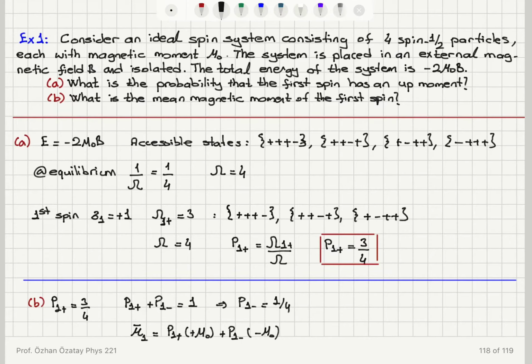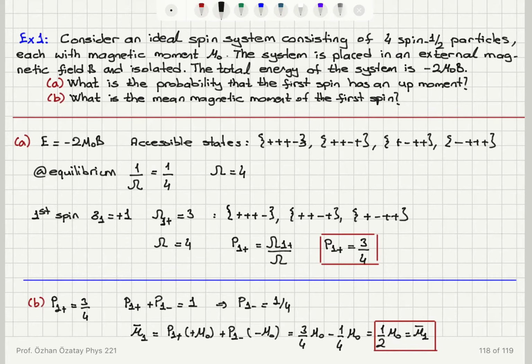That's the recipe. So we have 3 over 4 mu 0 minus 1 over 4 mu 0. So the answer is 1 over 2 mu 0 for the first spin mean value of the magnetic moment.